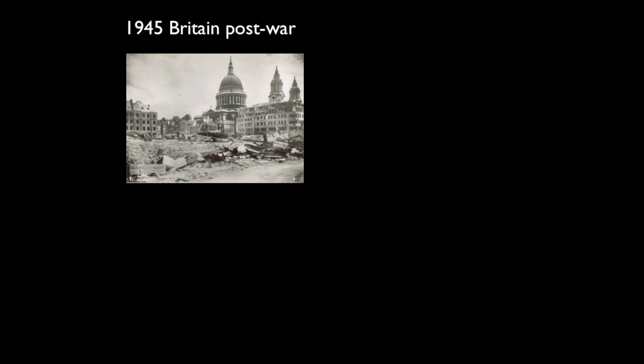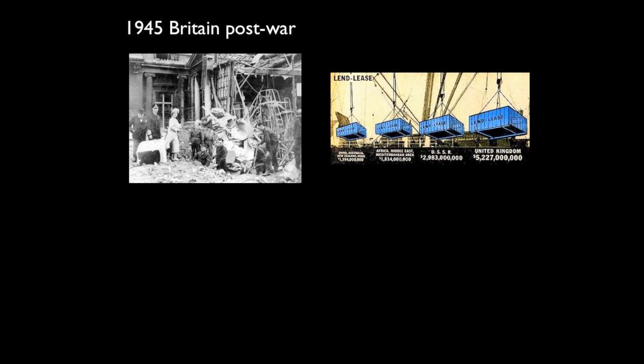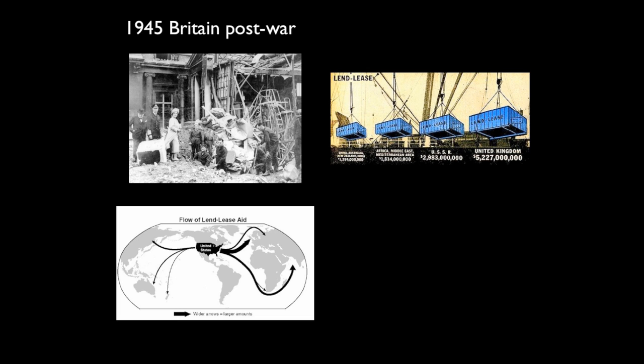Slide 3, 1945 in Britain, shows that Britain was also bombed. The Lend-Lease scheme had brought armaments and food from the United States, which were essential for the British to win the war, but it caused an enormous debt. As a victor, Britain did not qualify for Marshall Plan dollars.